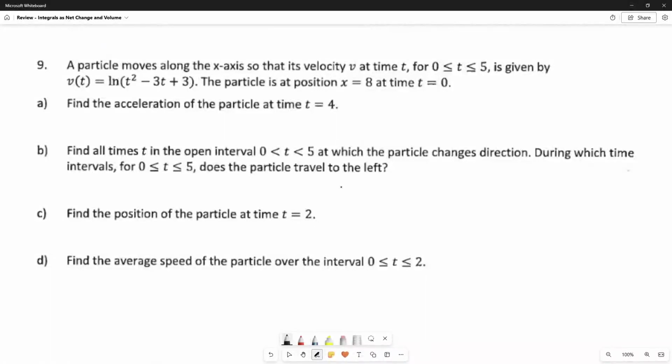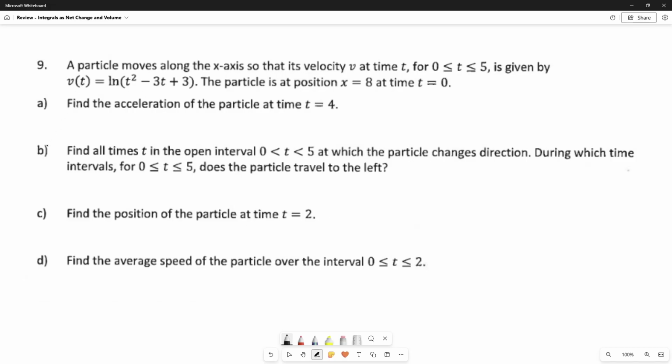Number 9 is a particle moves along the x-axis so that its velocity at time t, for t from 0 to 5, is given by v of t equals ln of t squared minus 3t plus 3. The particle is at position x equals 8 at time equals 0. Part A is asking find the acceleration of the particle at time t equals 4.